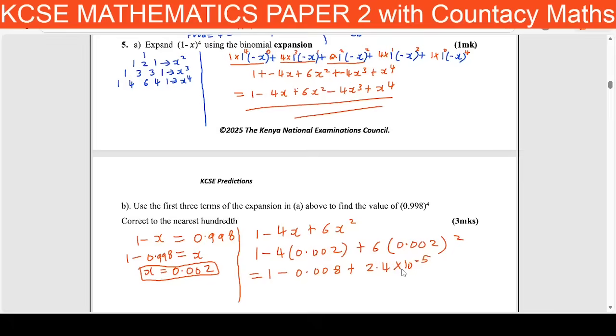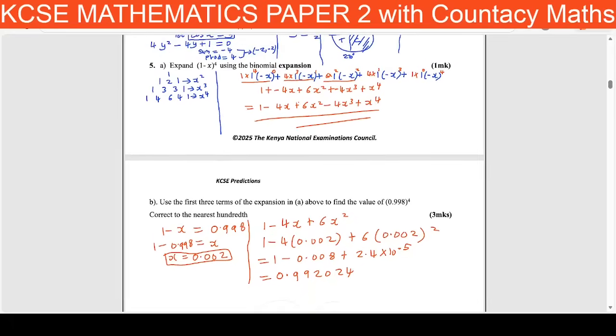But this one you can just write in decimal format, which is 0.000024. Finally, you just simplify that by adding 1 and then minus 0.008 to see what you are really going to get. Once you do that, you should get 0.992024.